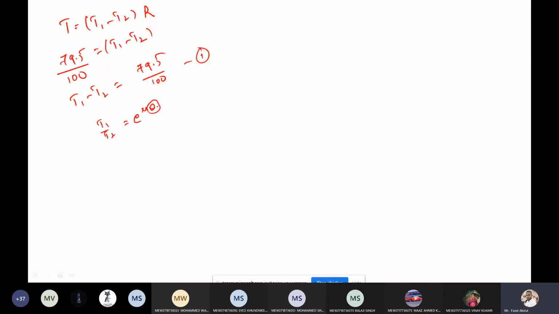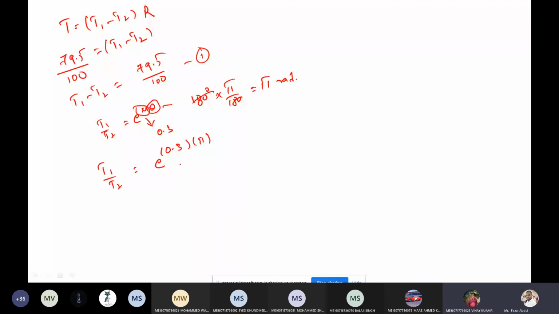We need to convert 180 degrees into radians, by multiplying by pi by 180, so that is pi radians. And the mu value is given in the question as 0.3. So T1 by T2 equals e to the power of 0.3 into pi.